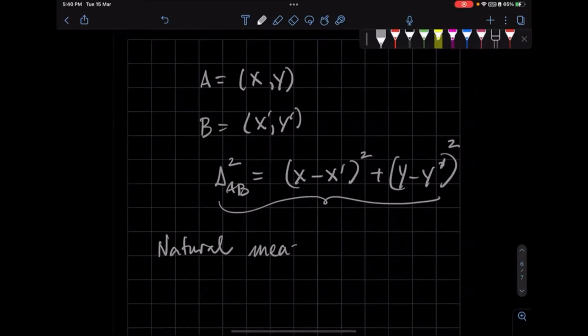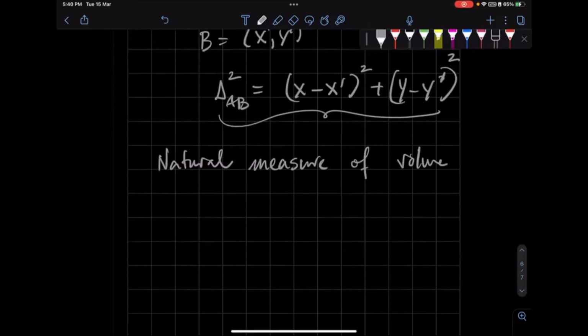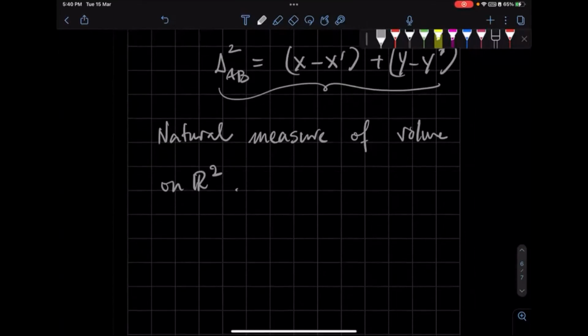If you're using Cartesian coordinates on R2, the natural unit of area, let's call it dA, is just dx dy, with x and y going from minus infinity to plus infinity.